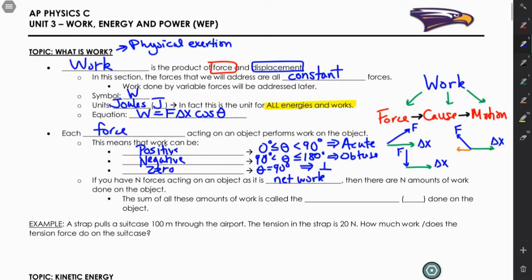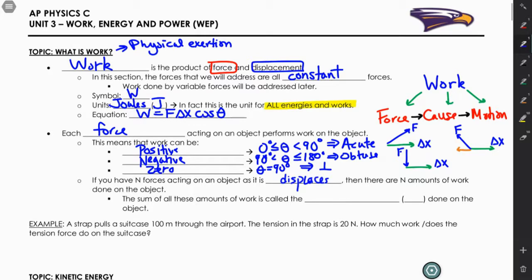So any force, if you have n forces acting on an object, and the object displaces, then there are n amounts of work done on the object.